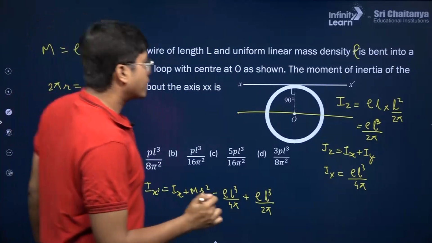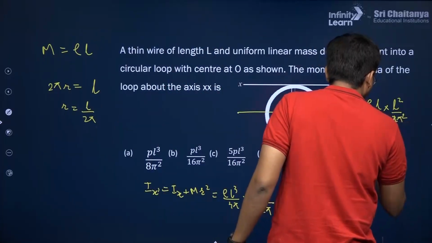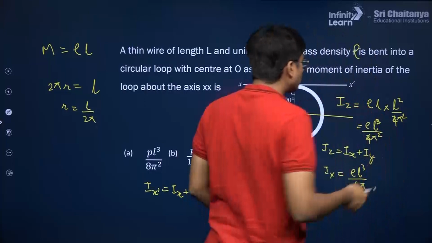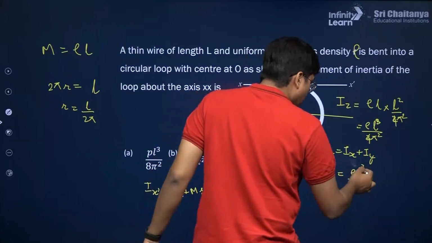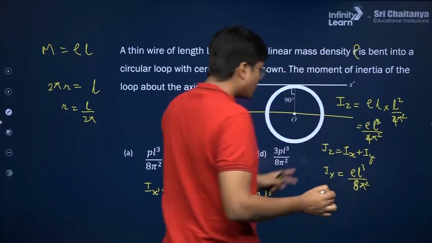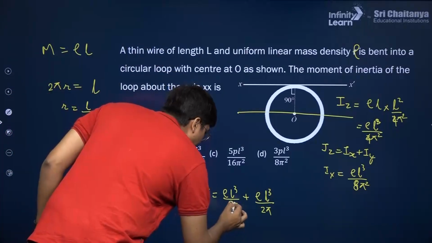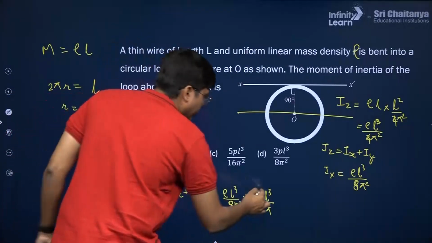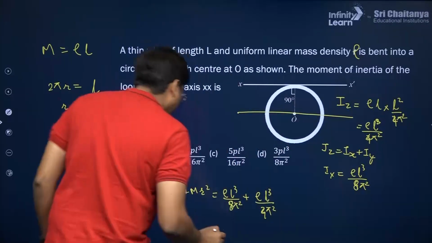My bad, I've made a slight mistake. This would be 4 pi square, because I was doing L by 2 pi whole square. So over here I would be getting 8 pi square, and over here I will be having L cube by 4 pi square.